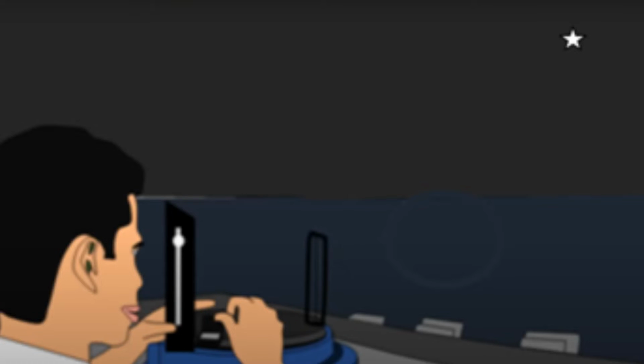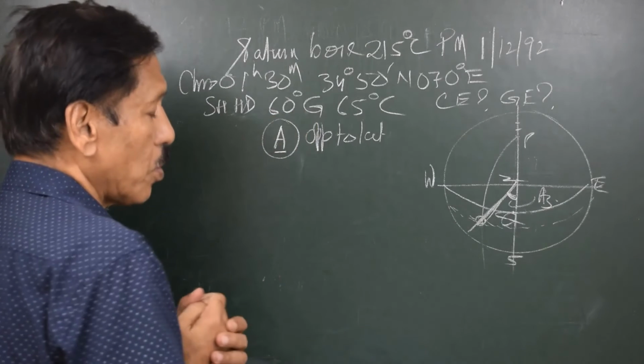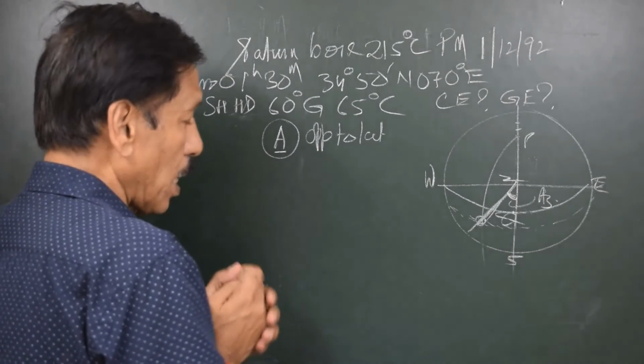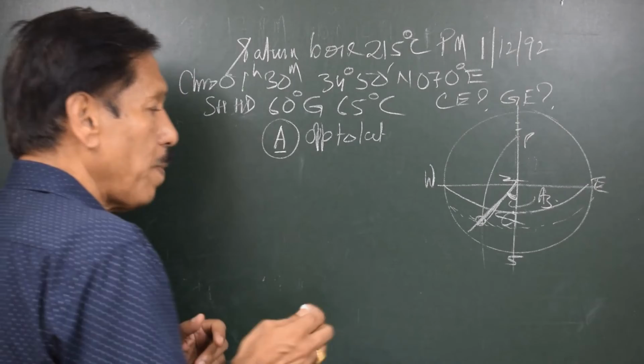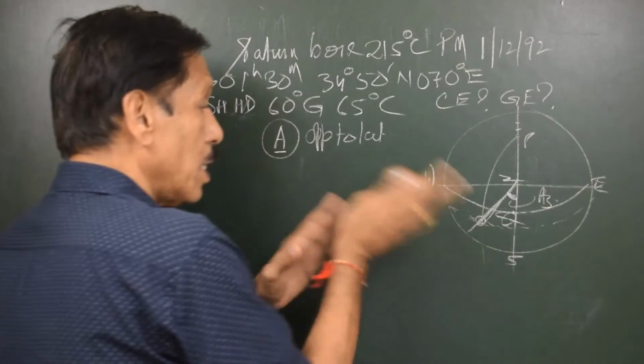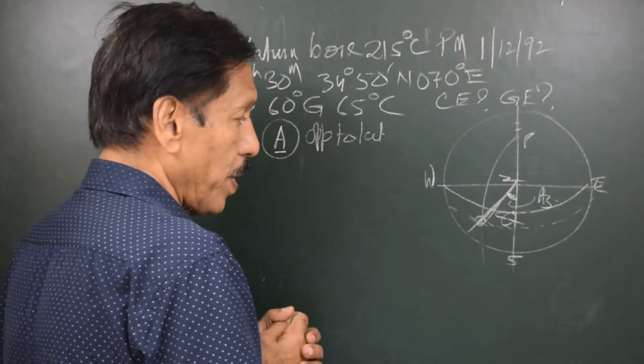Which means that the naming of A is done generally opposite to the latitude. If the latitude is north, we will name it south, and if the latitude is south, we will name it north. It appears from the behavior of the equinoctial, like if the latitude is north, the equinoctial goes to south.